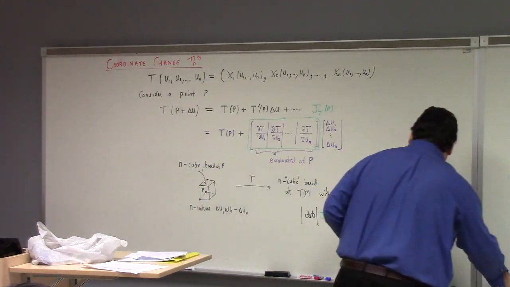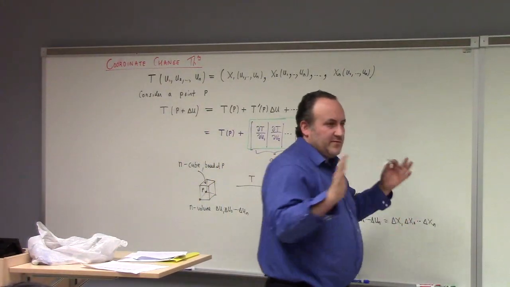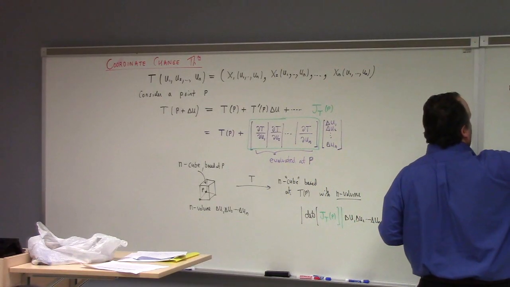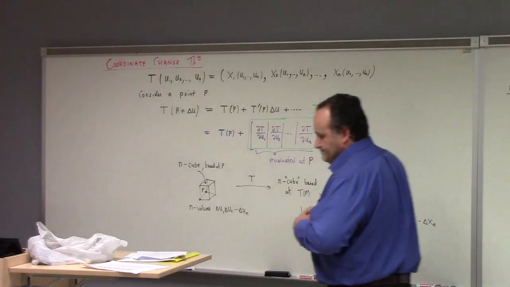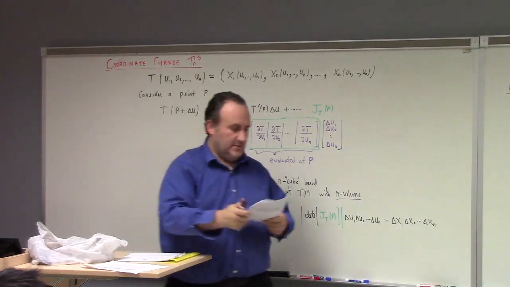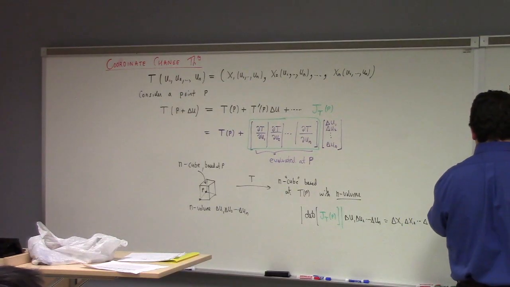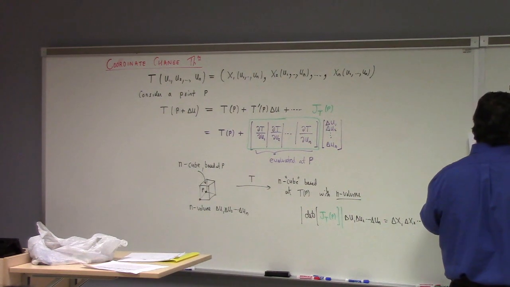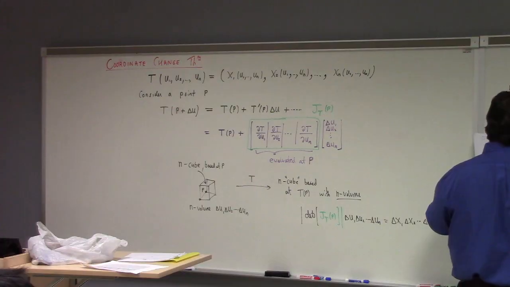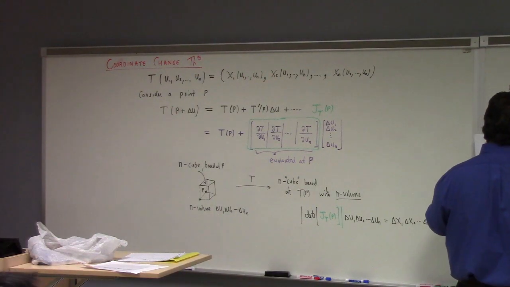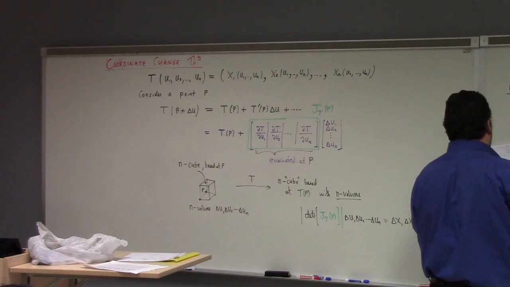Now, let me just do n equals 3, where it's perhaps a little bit more understandable. So at n equals 3, think about a little cube with delta u on this side, delta v on this side, delta w on that side, right?